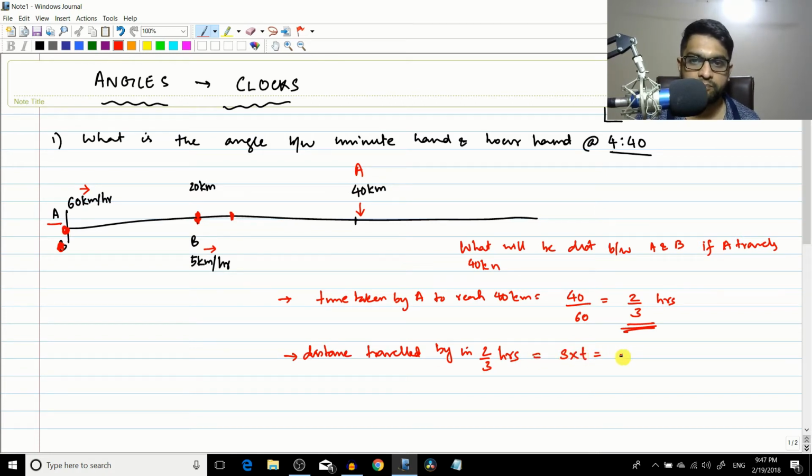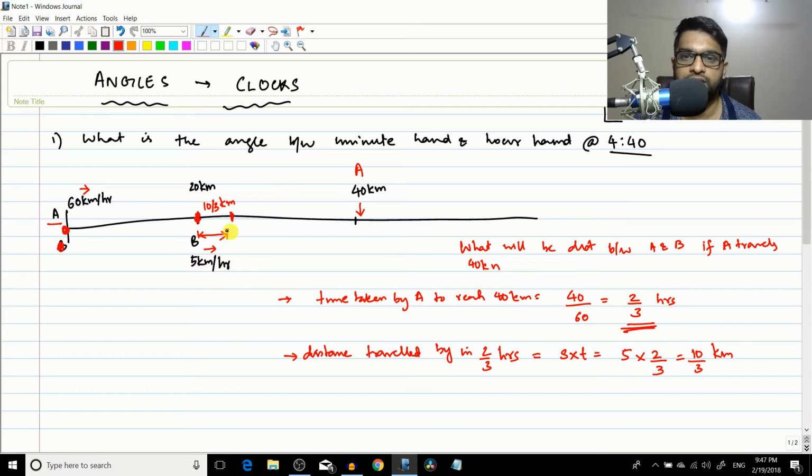Speed is 5 kilometers per hour and time is 2 by 3, so it is 10 by 3 kilometers. So B has reached a new position, 10 by 3 kilometers from its starting position.